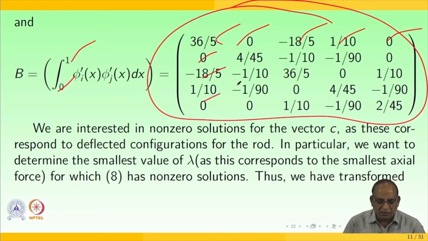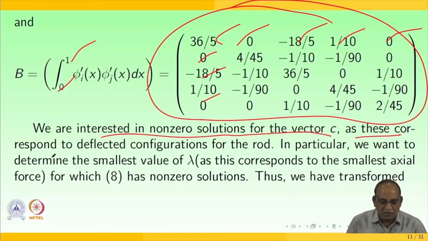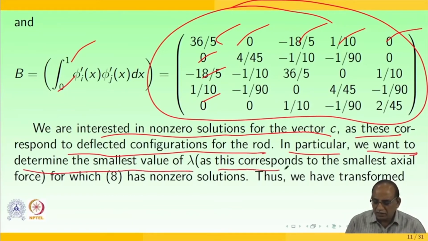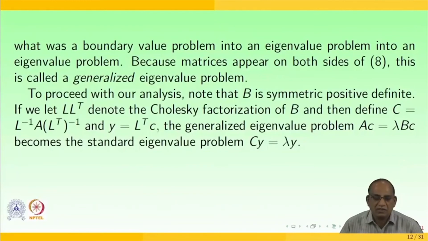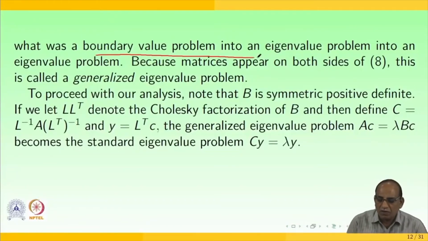We are interested in non-zero solutions for the vector C, as these correspond to deflected configurations for the rod. In particular, we want to determine the smallest value of lambda, as this corresponds to the smallest axial force for which equation 8 has non-zero solutions. So thus we have transformed this equation, what was called a boundary value problem, into an eigenvalue problem.